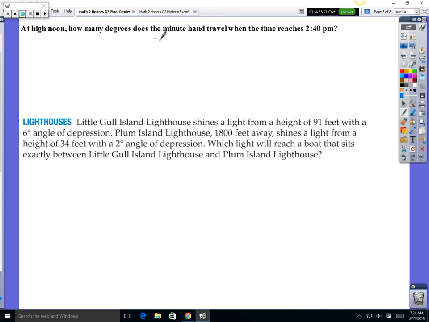High noon, how many degrees does the minute hand travel when it reaches 2:40 p.m.? Okay, on a clock. 360 is a full spin, so if I go 12 all the way around to 12, 1 hour is 360. 12 to 6, that's 180. 12 to 3, that's 90. So the question is, each of these is how many degrees?